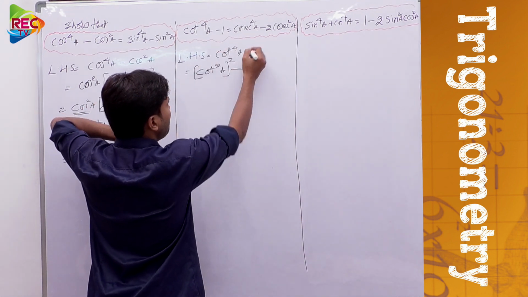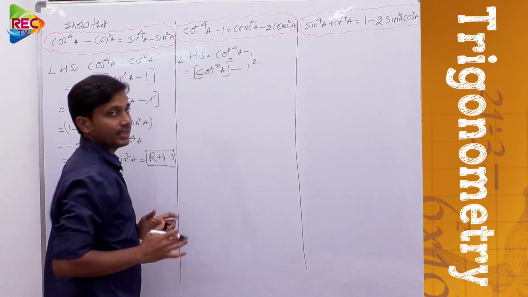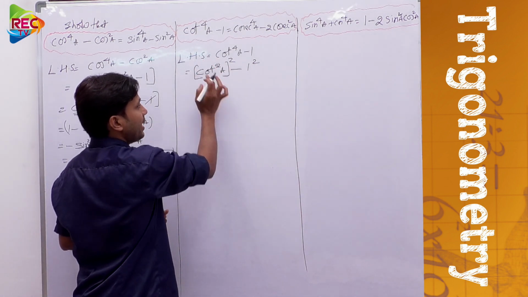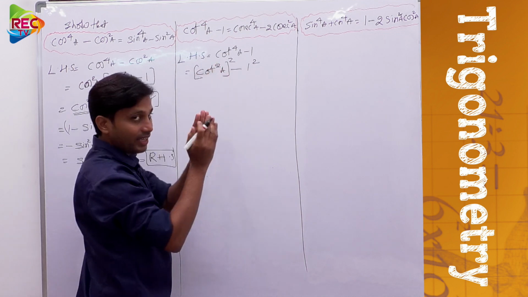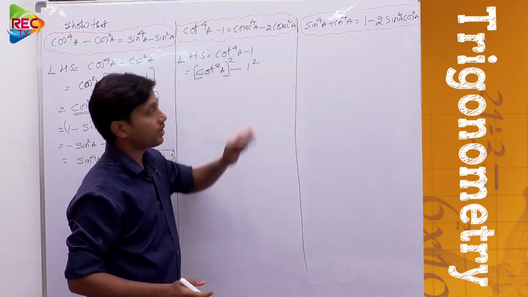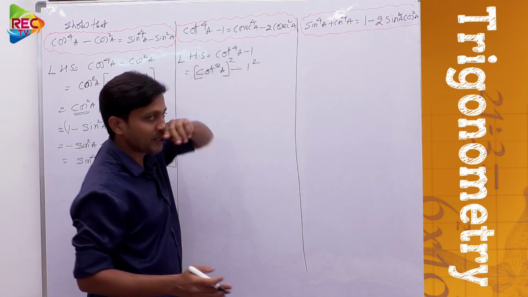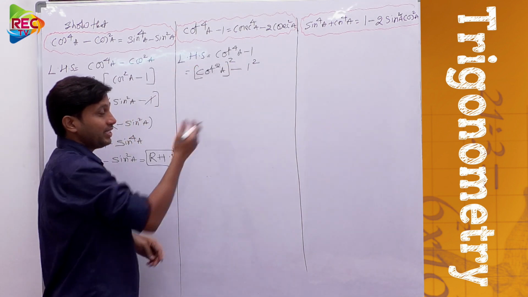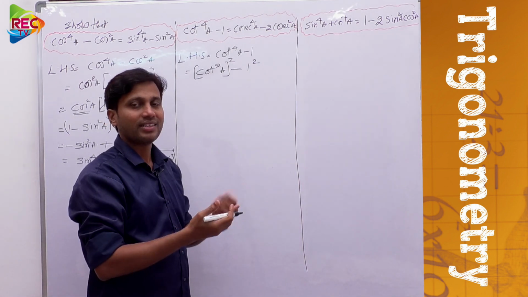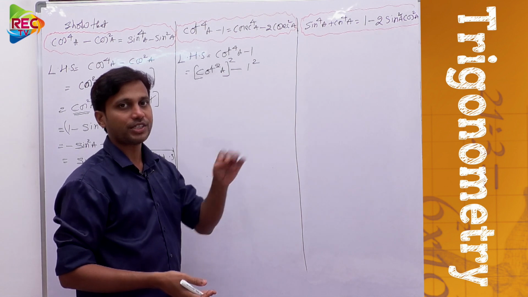Minus 1 can be written as 1 square, or not? Exactly. Now if you consider this cot square a as A and 1 as B, then this is in the form of A square minus B square. So can we split this expression into A plus B into A minus B, or not? Exactly.